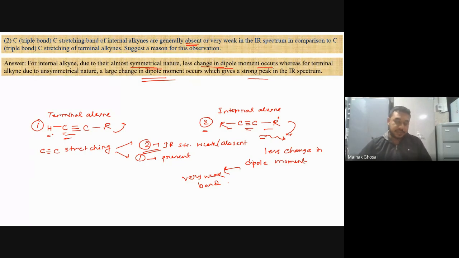This is the logic: terminal alkynes are very unsymmetric, whereas internal alkynes are much more symmetric. Since they are more symmetric, the dipole moment change will be very small. So this is the reason they show a very weak band, or sometimes are absent from the IR spectrum.